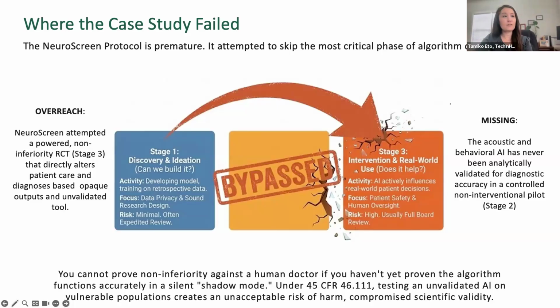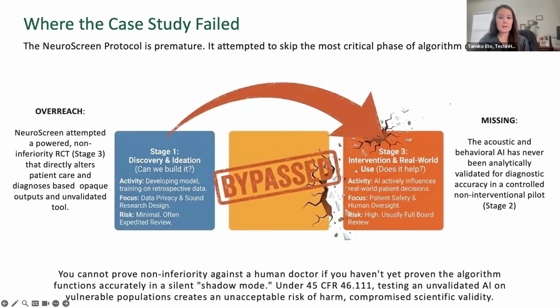So under 45 CFR 46.111, approval criteria, testing an unvalidated AI on a vulnerable population, elderly individuals with cognitive decline, without foundational accuracy data creates an unacceptable risk of harm and compromises scientific validity or sound research design.